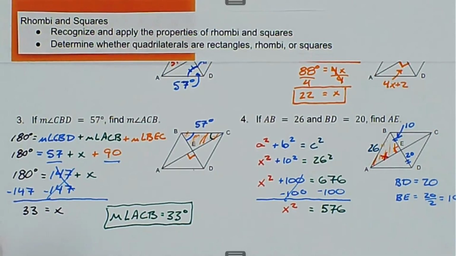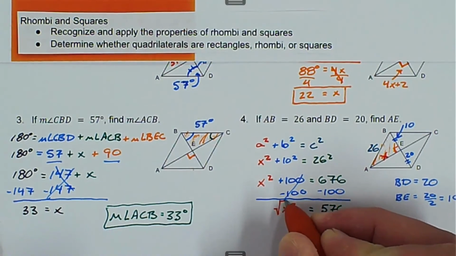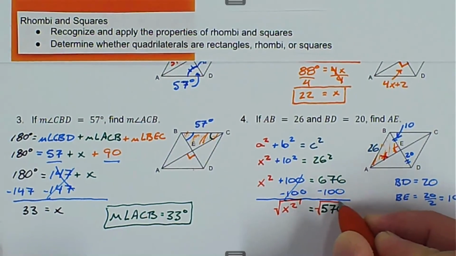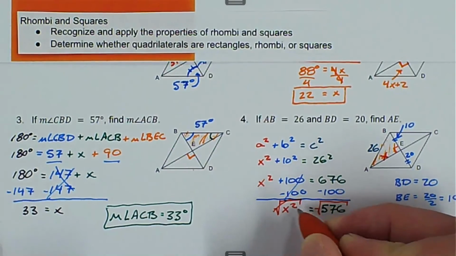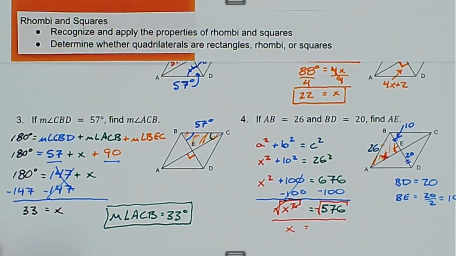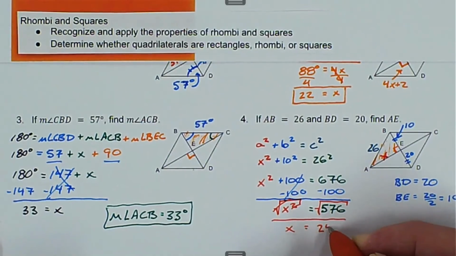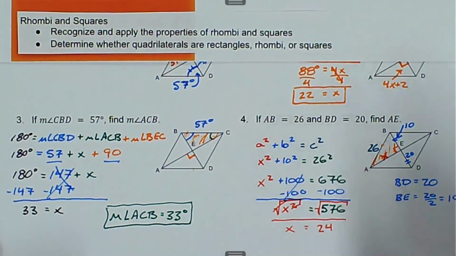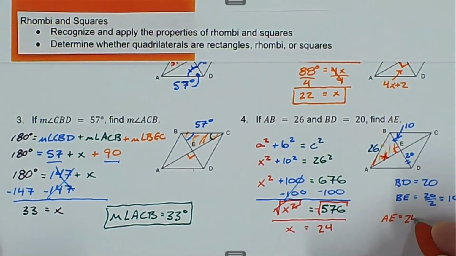Now, to get the x by itself, we have to take the square root of both sides of the equal sign, and our square root cancels our square on the left side, and we're left with x is equal to, and we can use our calculator, and we get 24. So that tells us x was what we were looking for. That tells us that AE is equal to 24.